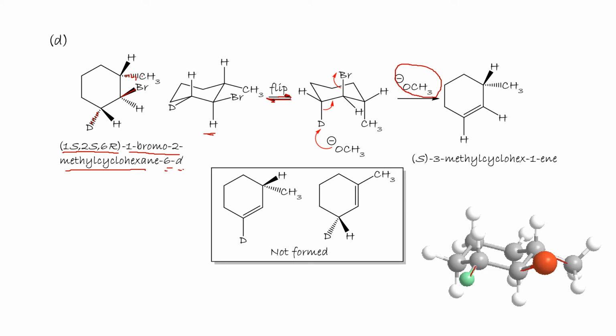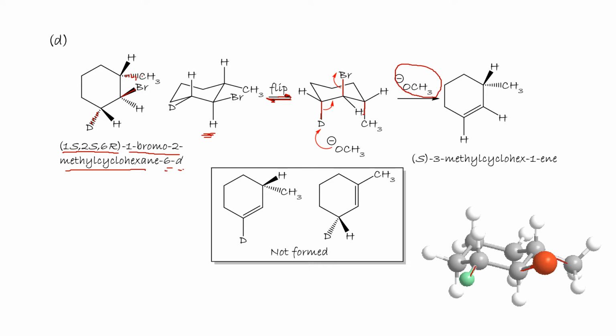This is the predominant major conformation. Now if we make a flip, CH3 will be axial, Br will be axial, and the deuterium will be in the anti-coplanar position.